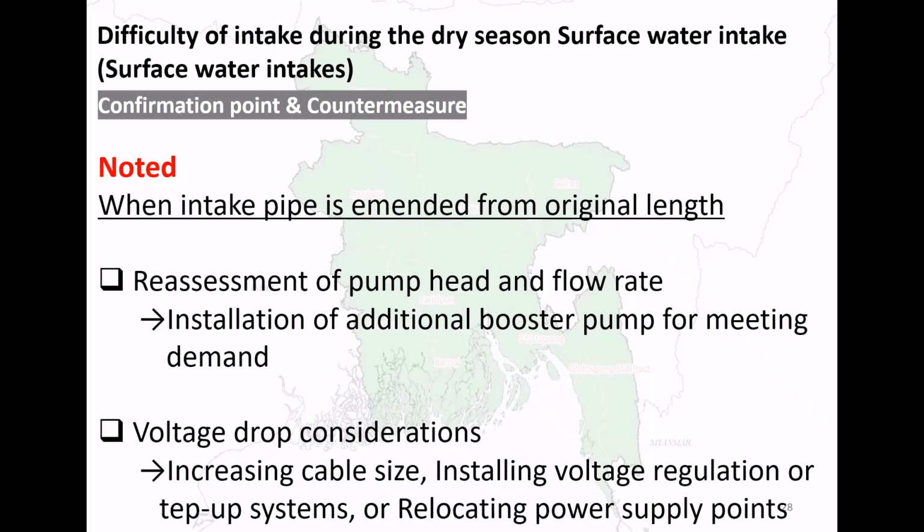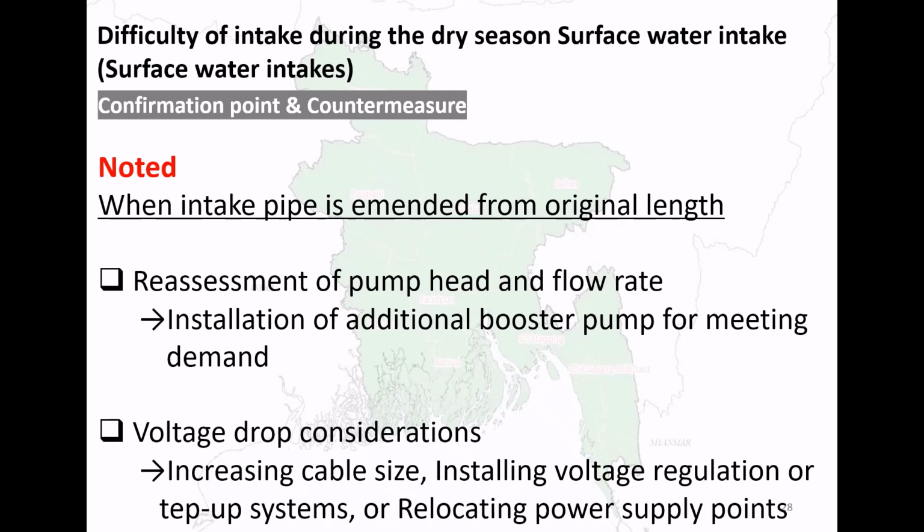After extension of delivery pipelines, it must be verified whether the pump head and discharge capacity remain sufficient to abstract the required volume of river water. To compensate for this additional head requirement, installation of booster pumps is one of the options.